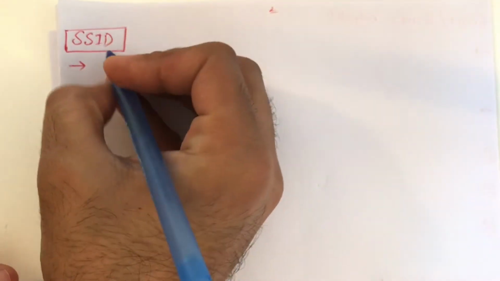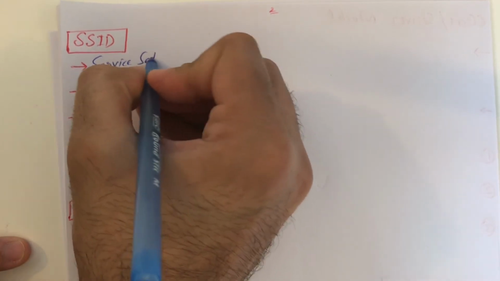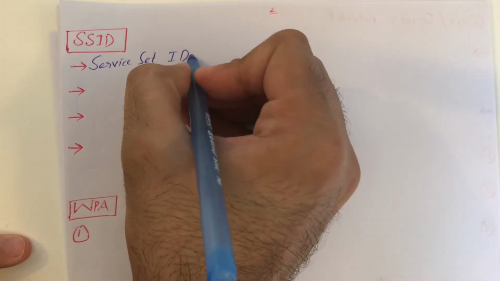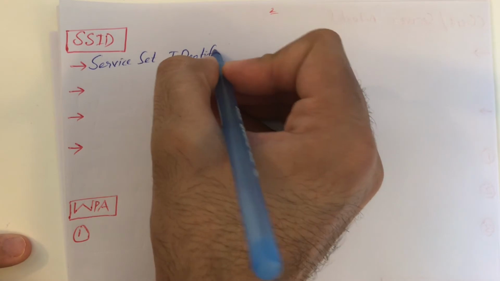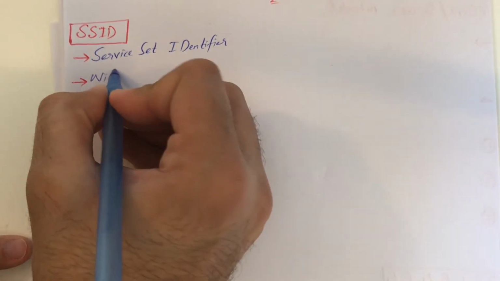Next are some typical terminologies for the wireless local area network, starting with the SSID, service set identifier. What is basically a service set identifier? We'll talk about it, and what's the role of the service set identifier, in fact. So SSID stands for service set identifier, and it's basically the name of your Wi-Fi.